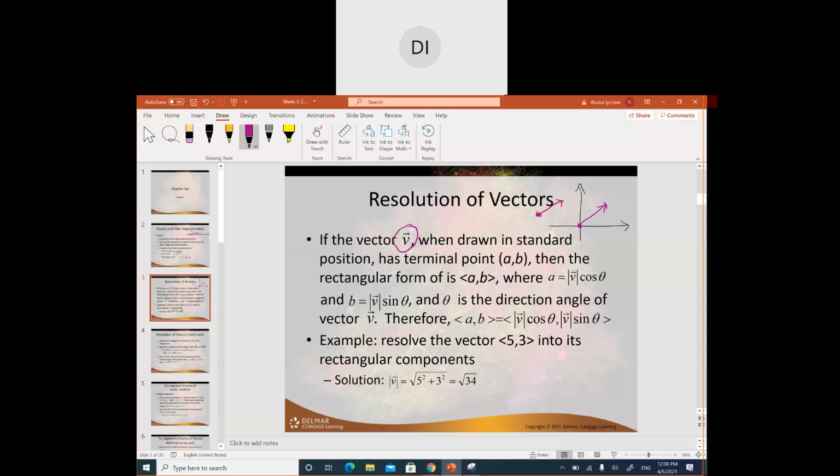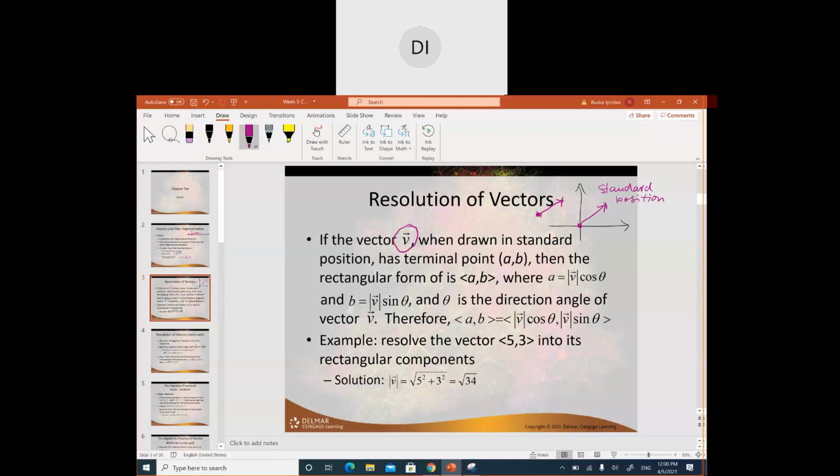So this is standard position. It's the same vector, but this one is in the standard position. You can move it wherever you want. That's the same vector. You can just translate it along a parallel line, which means the same direction, and the length is going to be the same.